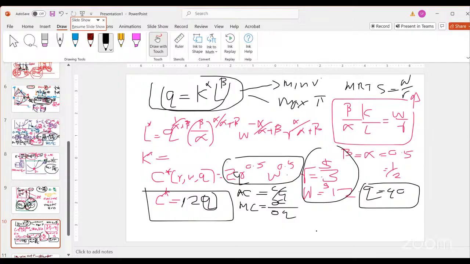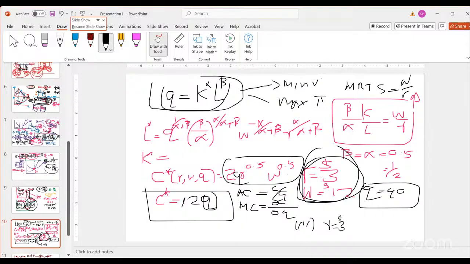Now, the second or third part of the question may come in. If these parameters change, for example, R is still the same but the wage rate increases.